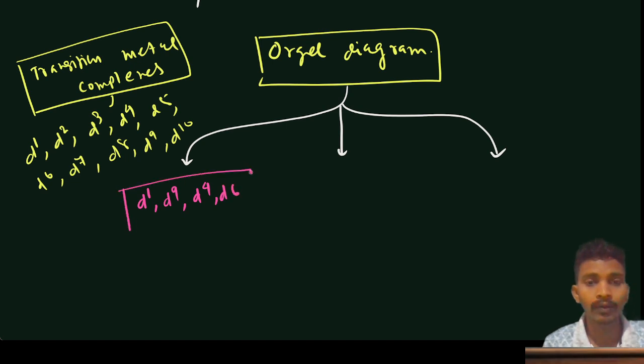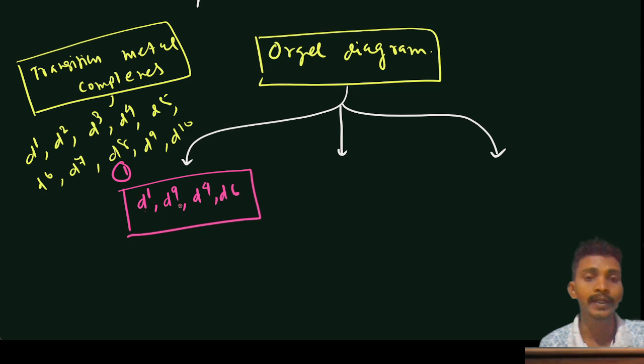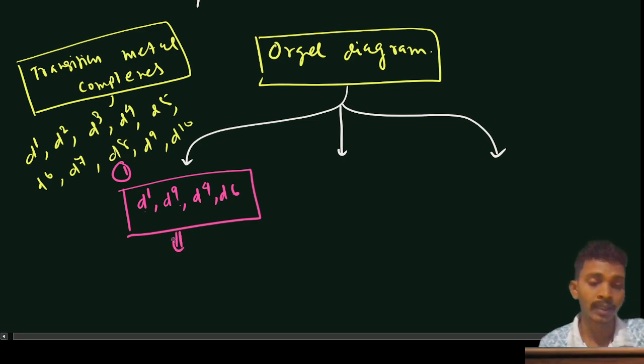So if the transition metal complexes use d1, d9, d4 and d6, then their Orgel diagrams will be of the same type.